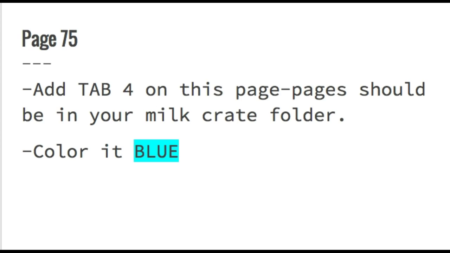Don't throw the whole sheet away because we're going to need 4 and 5. You can actually put it in your Milk Crate if you don't have one. You're going to color the tab blue and then tape or glue it onto page 75, just like the rest of your tabs. Pause that video, play it when you're done.